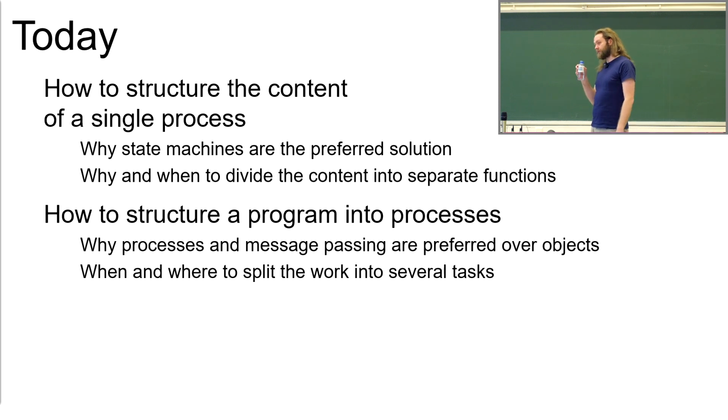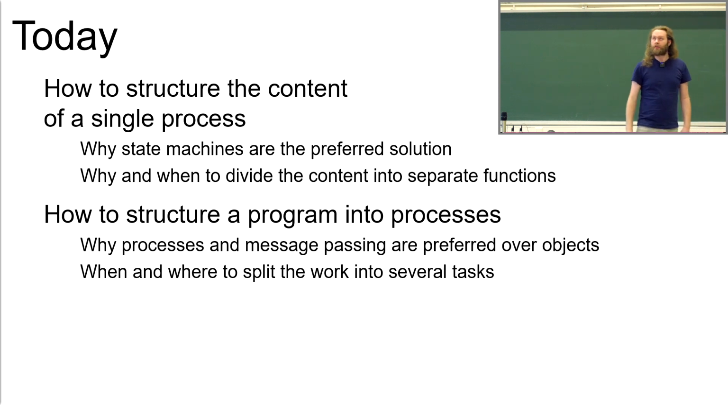Speaking of which, the first thing I'm going to talk about today are state machines, which is a design pattern, which indicates that imperative programming in its strictest form, like a C-like program, isn't the ideal way to make a process-oriented program, which makes sense.